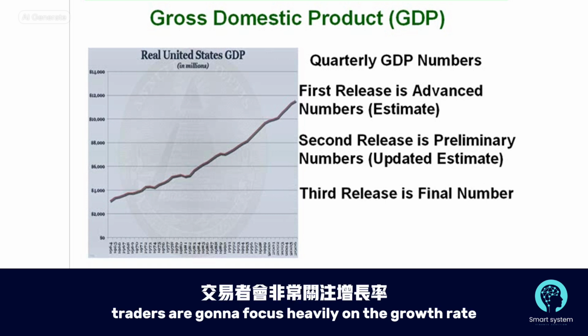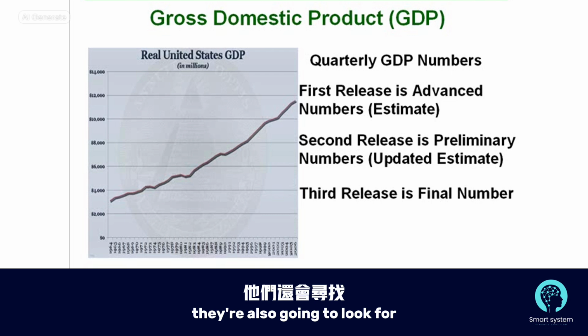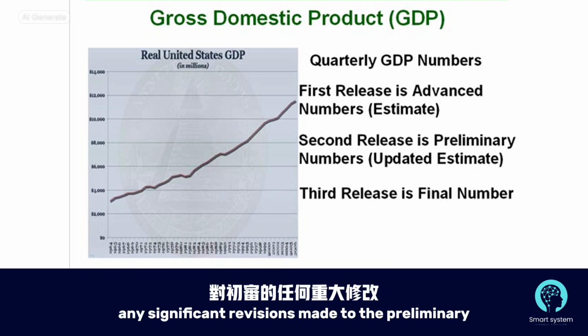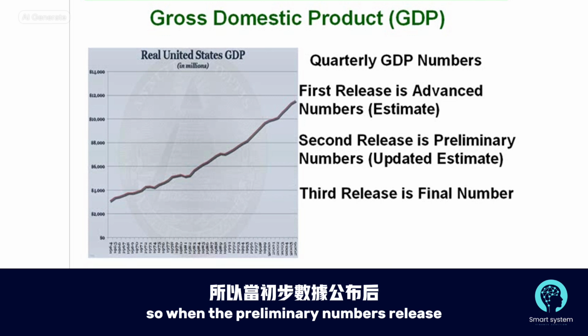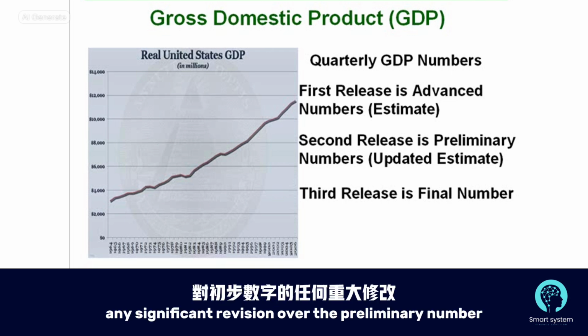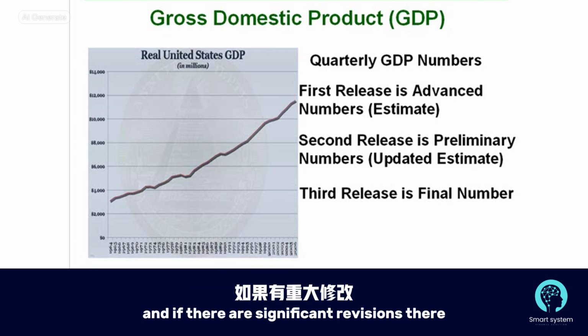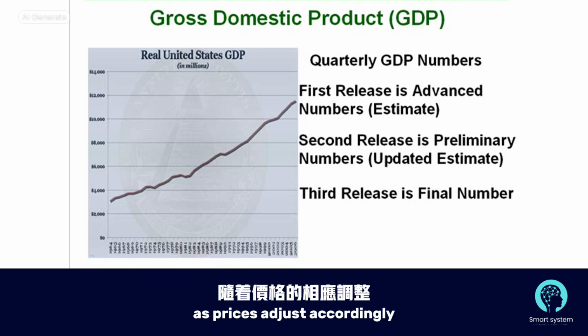Traders are going to focus heavily on the growth rate when the advanced number is released, and they're also going to look for any significant revisions made to the preliminary and advanced numbers. So when the preliminary numbers release, they're going to look for any significant revision over the advanced number. When the final numbers release, they're going to look at any significant revision over the preliminary number. And if there are significant revisions, you can see pretty heavy market action after that, as prices adjust accordingly.